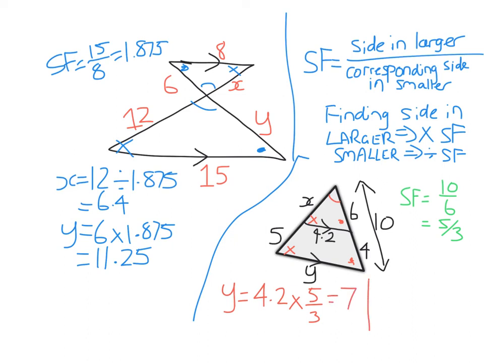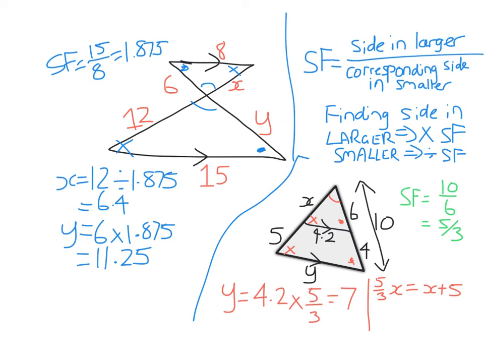Now calculating x is harder because we don't know the length of this full side. So the side in the smaller triangle is x. The side in the larger triangle is x plus 5. So what scale factors mean is, if I times the side in the smaller shape, x, by the scale factor, I get the side in the larger shape. So we're going to solve this equation.